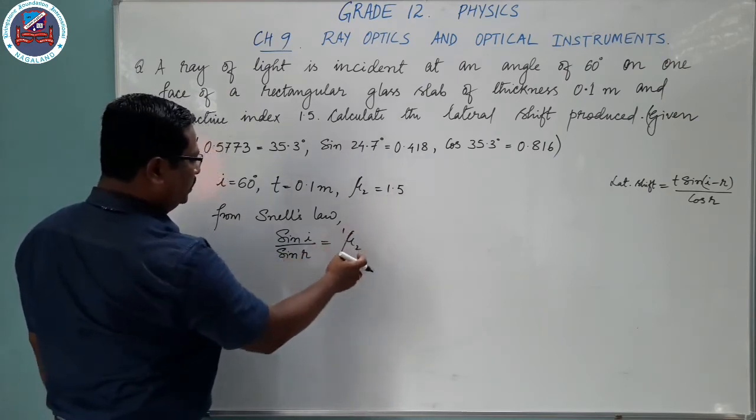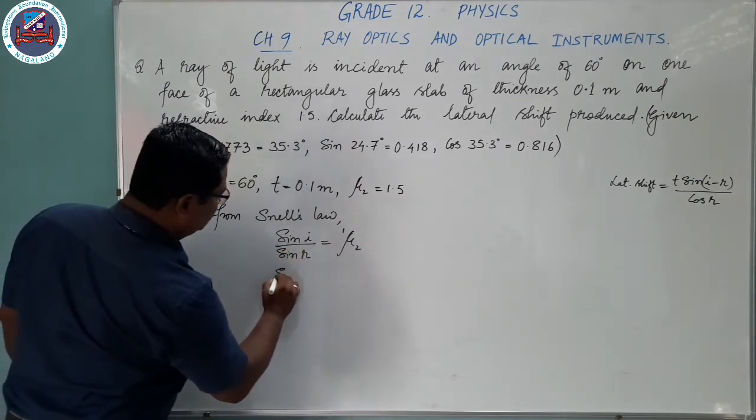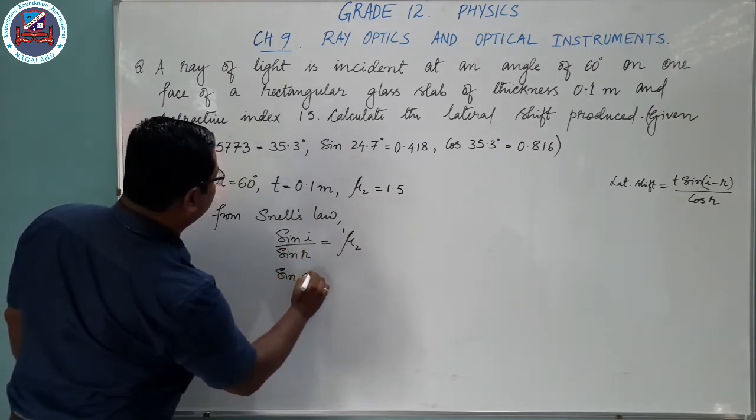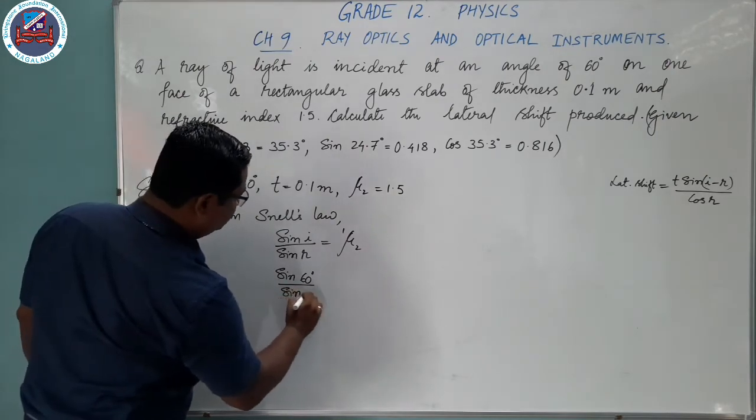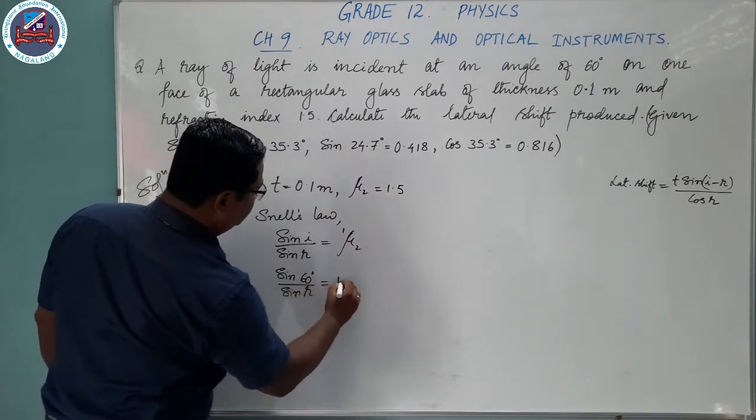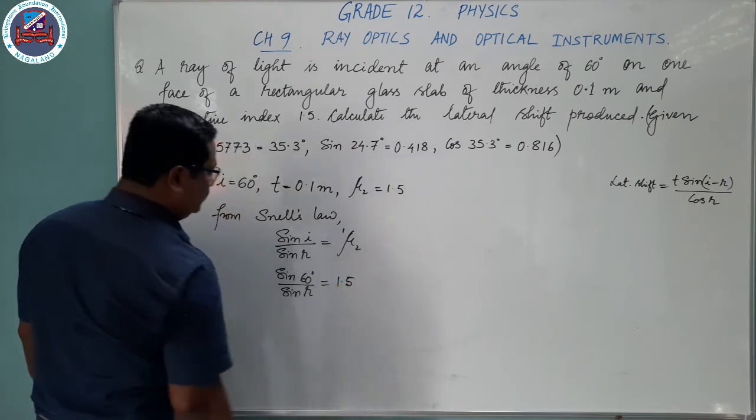The sin I value is given, 60 degrees, the angle of incidence. So sin 60 by sin R is equal to 1.5.